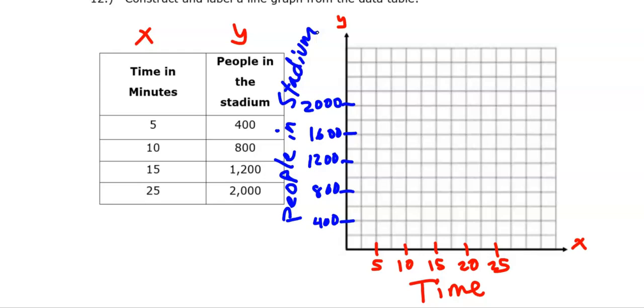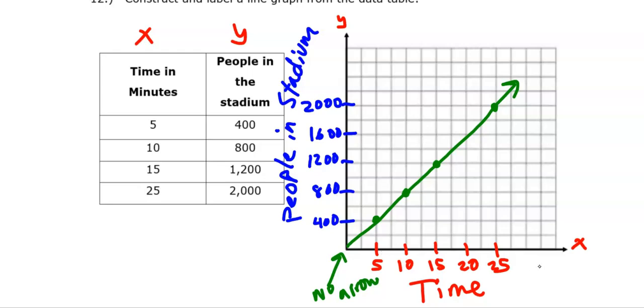And now I can graph my points. And if I did it correctly, it should be a nice straight line. 10, 800, 15 is 1,200, and 25 is 2,000. And there we go. I'm not going to put an arrow here because I can't have negative time or negative people.